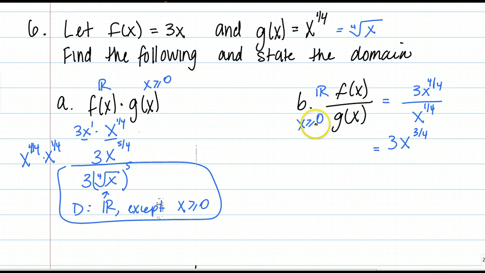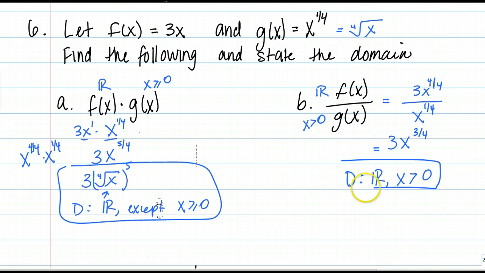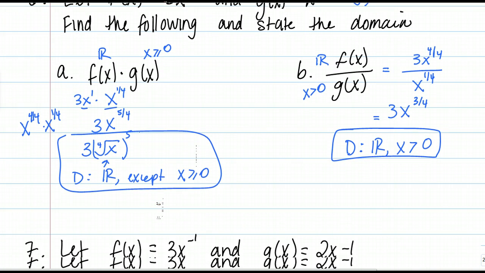So we don't want to write the line underneath a greater than sign this time. We want it to be x greater than 0, because we can't divide by 0. So our domain here is all real numbers for which x is greater than 0. So 1, 2, 3, 4, all the way up to infinity.